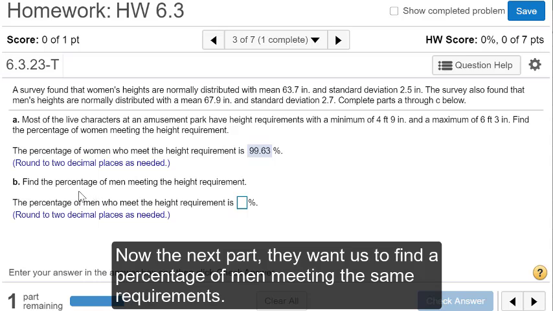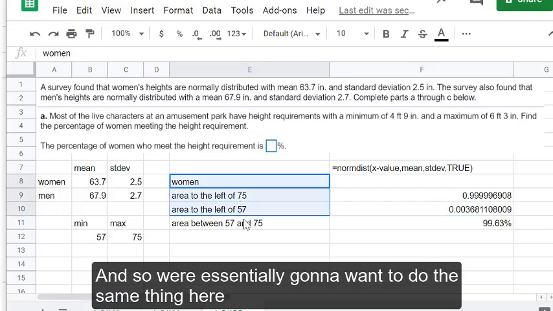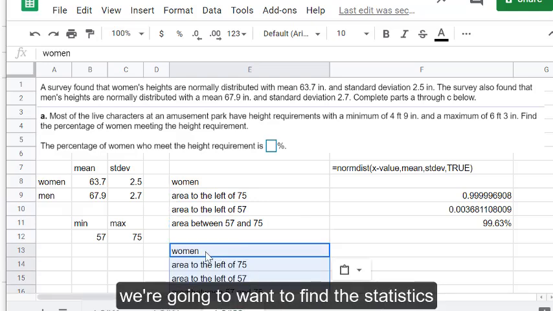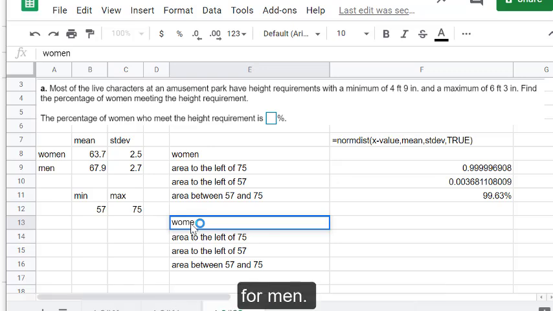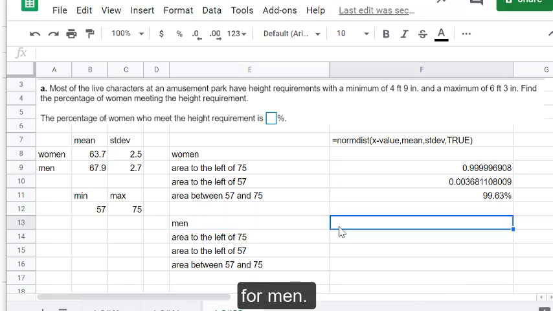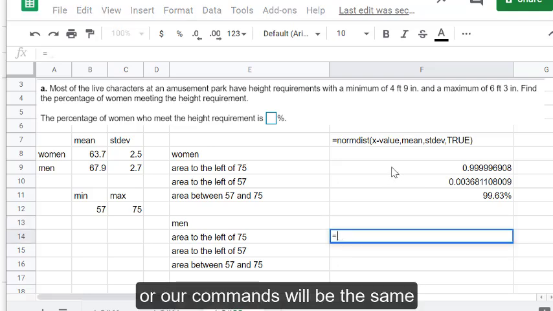Now the next part, they want us to find a percentage of men meeting the same requirements. And so we're essentially going to want to do the same thing here, except we're going to want to find the statistics for men. Our commands will be the same.